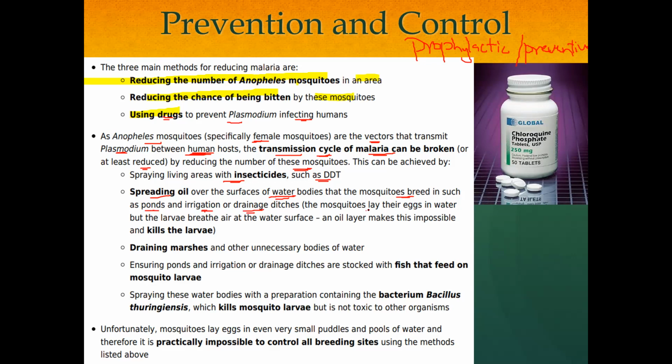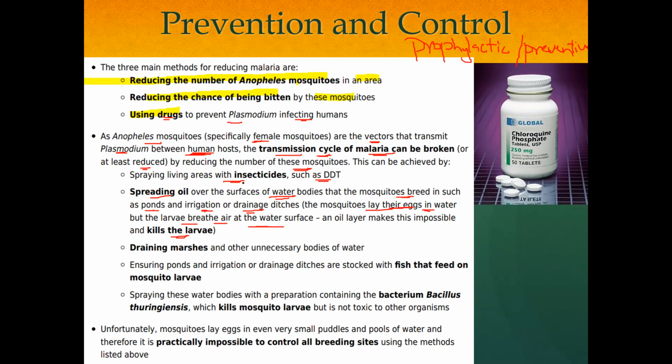The mosquitoes lay their eggs in water. Those eggs hatch and larvae come out. The larvae breathe air at the water surface, but if there is an oil layer on the water surface, the larvae would not be able to breathe. So this will kill the larvae. So this is one way you can break the transmission cycle.